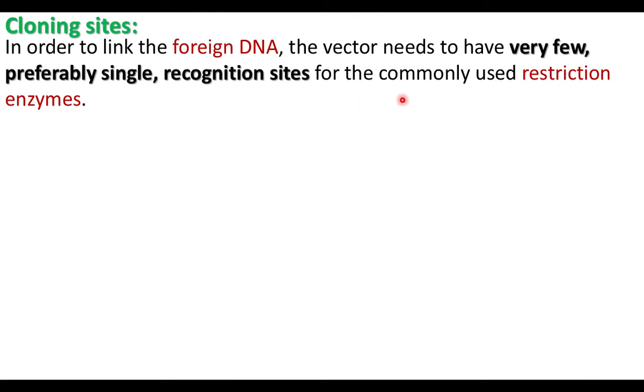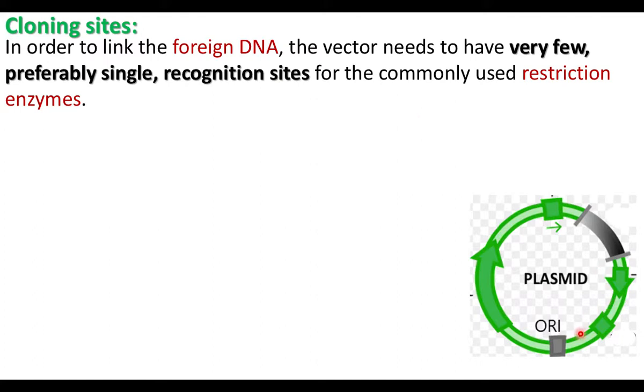Some of the restriction enzymes are commonly used. For all the commonly used restriction enzymes, the cloning vector or the plasmid has very few, preferably single, recognition sites. That is good for the researcher.